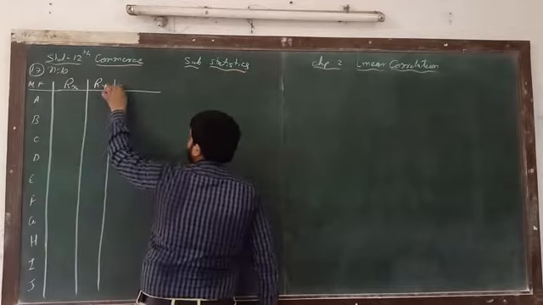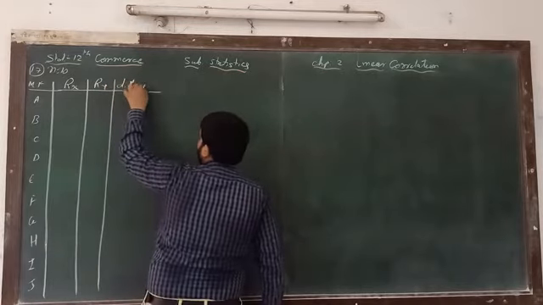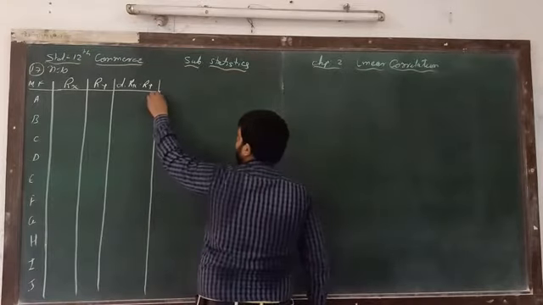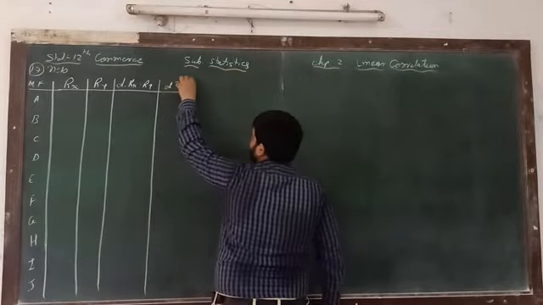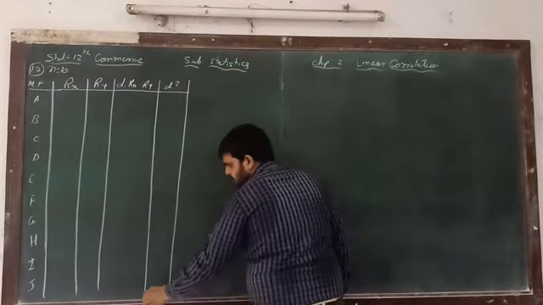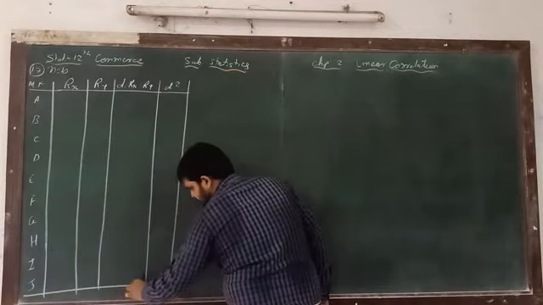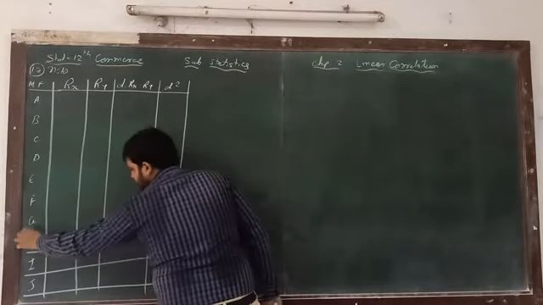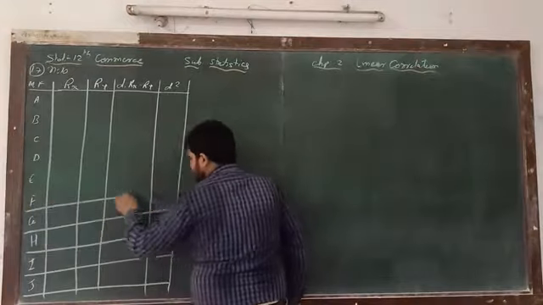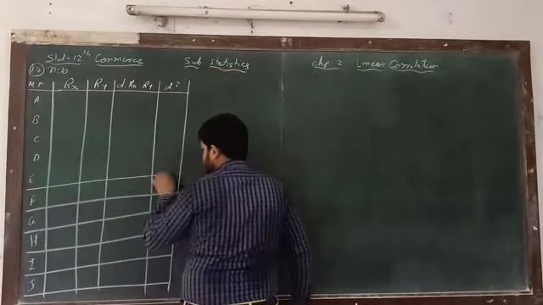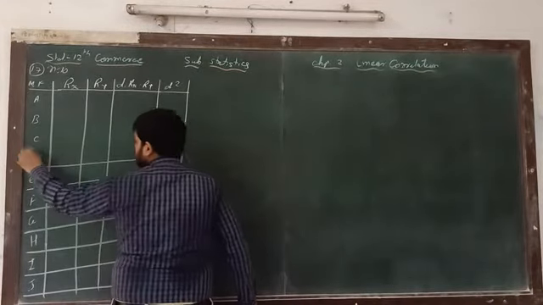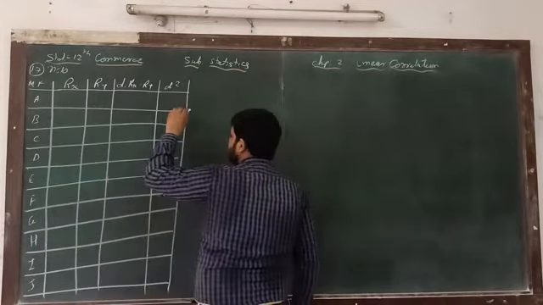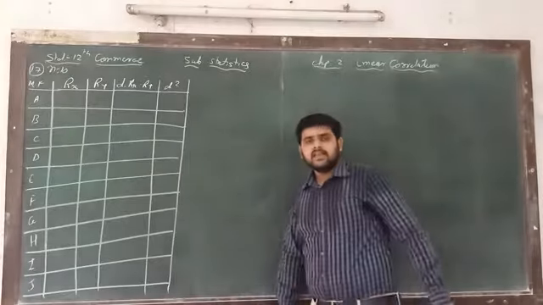The rank is directly given. Then D, which is Rx minus Ry, is column number 4. And finally, whatever answer we get in D, we have to square it, that is D square. Okay, so this is the table regarding this example.